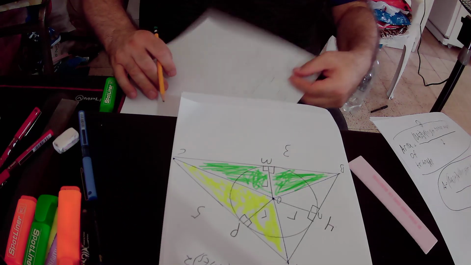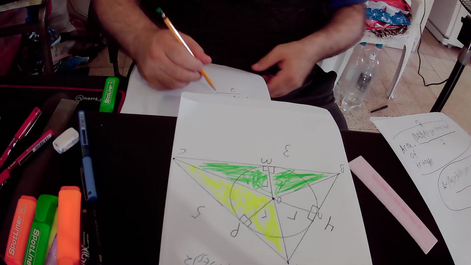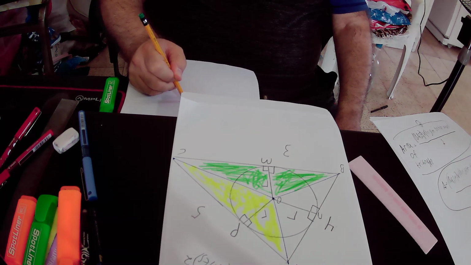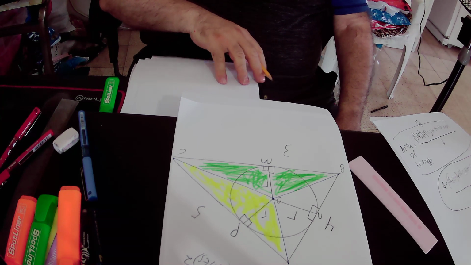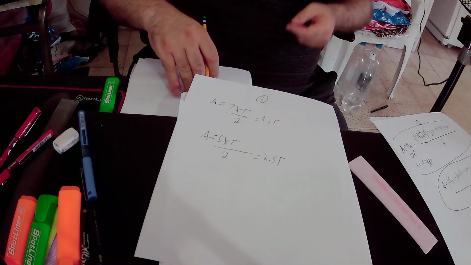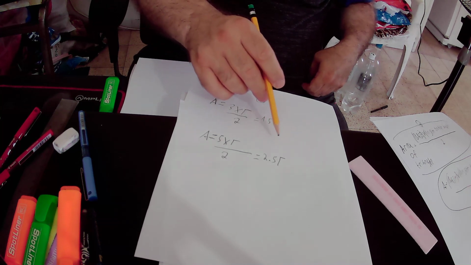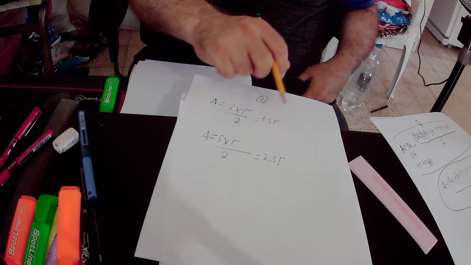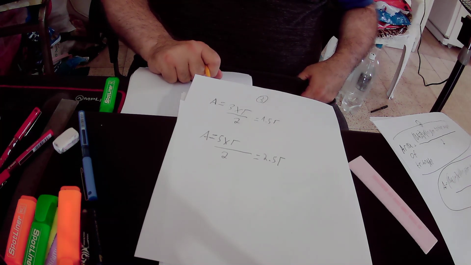So I write it down. So the area of the yellow triangle equals 2.5 times the radius of the circle, because 5 over 2 equals 2.5. Okay?